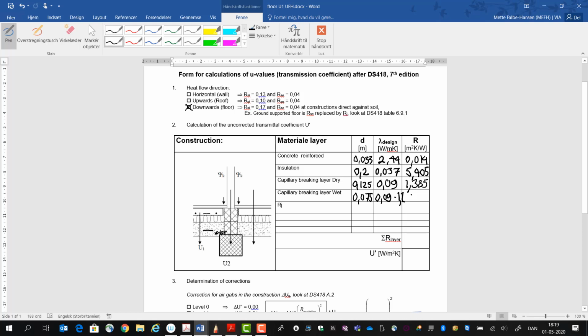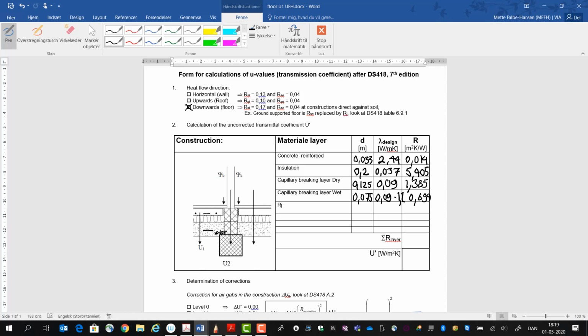And that gives us a resistance of 0.694. And then we have the resistance against the soil, and that we can also find in DS 418.